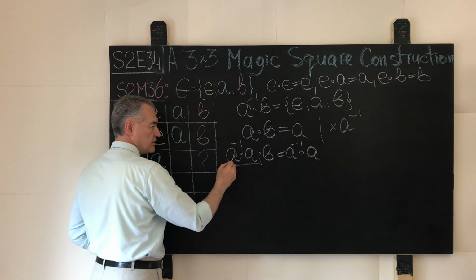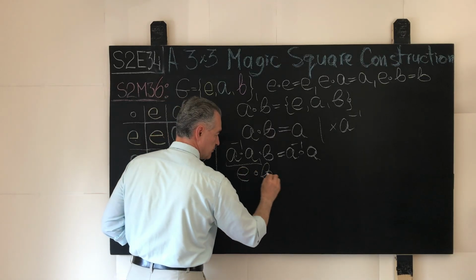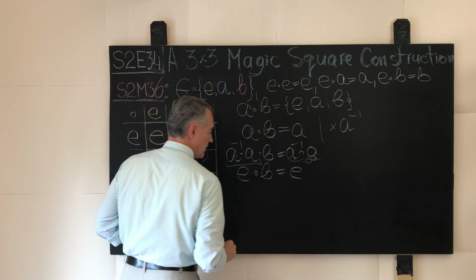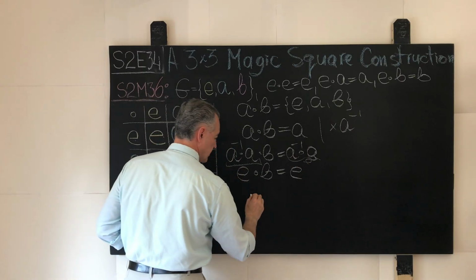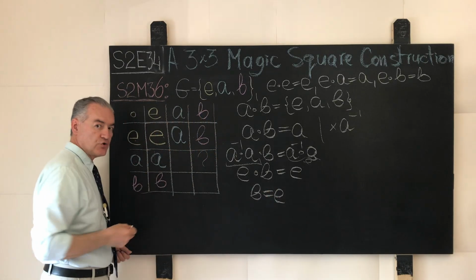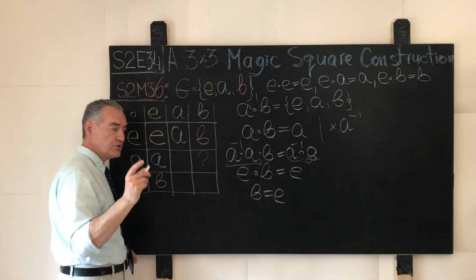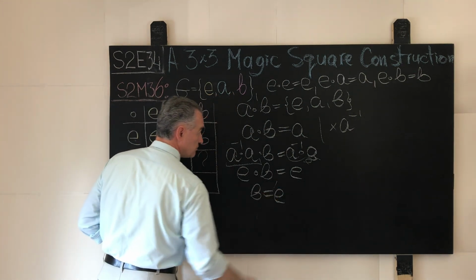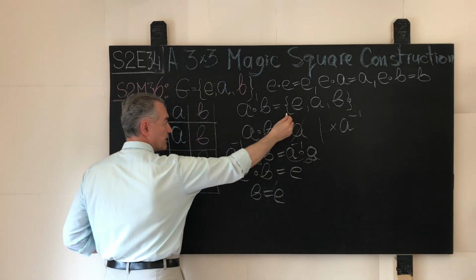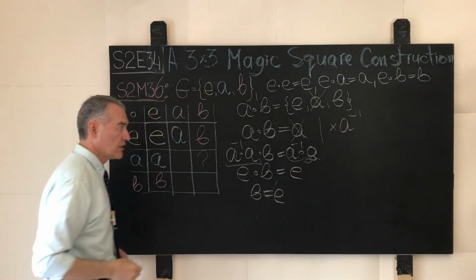We first combine these 2 elements, which produce E times B equals, again, E. That means the element B is equal to the element E. But this is absurd, a contradiction. Every element of a group is unique. This is impossible. Consequently, the product of A and B cannot possibly be A. No good. Does not work.